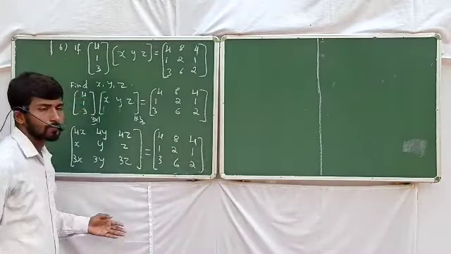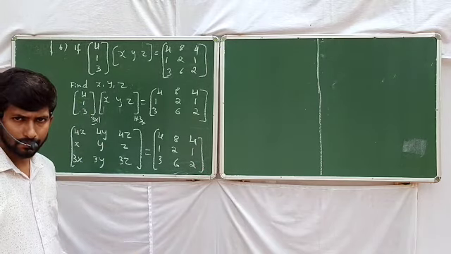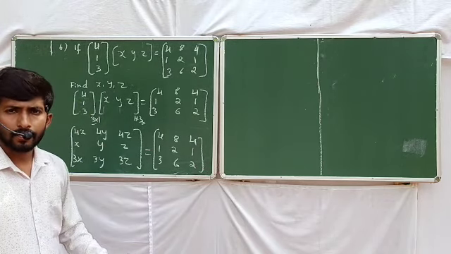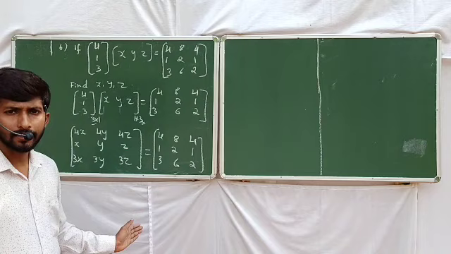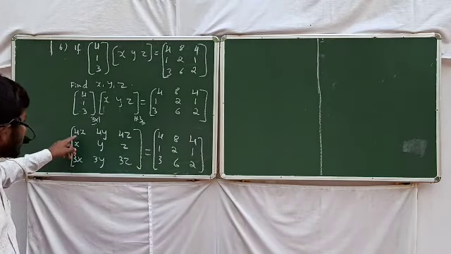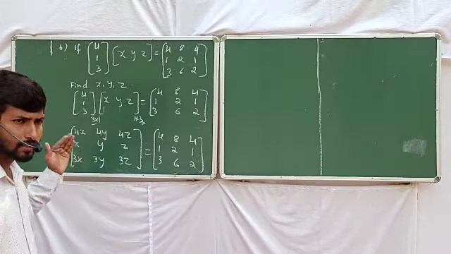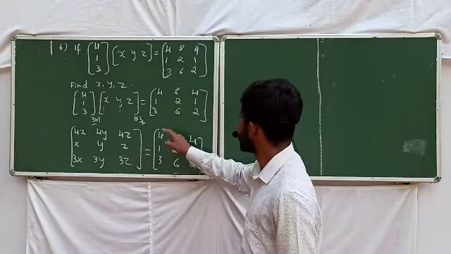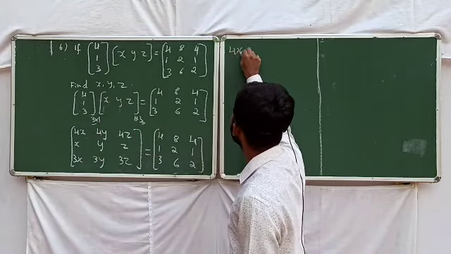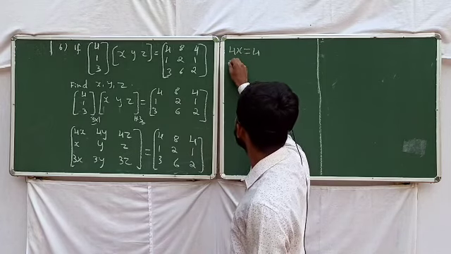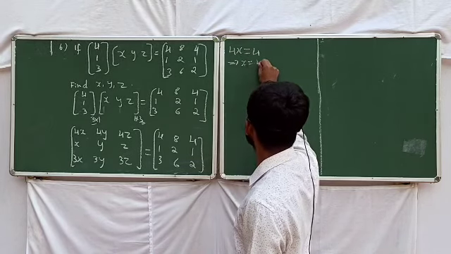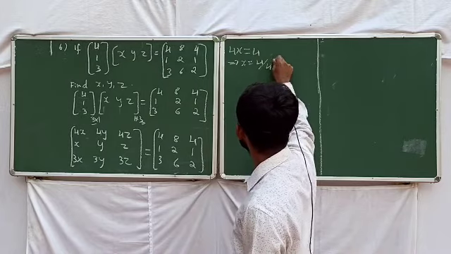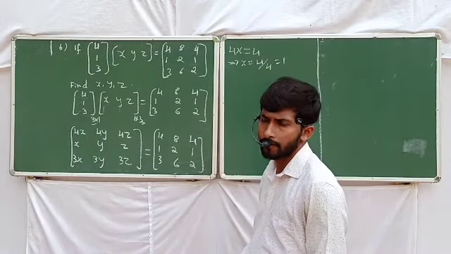Again the concept of equality of matrices. Two matrices are equal, their corresponding elements are equal. So you will get here, just compare the values. Here I will write 4x is equal to 4. That implies x value is equal to 4 divided by 4 equal to 1.